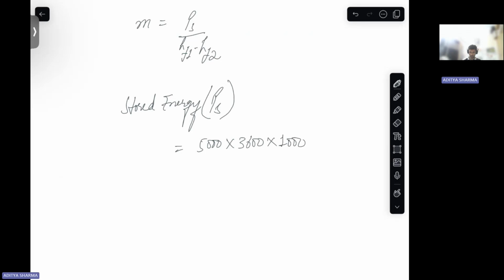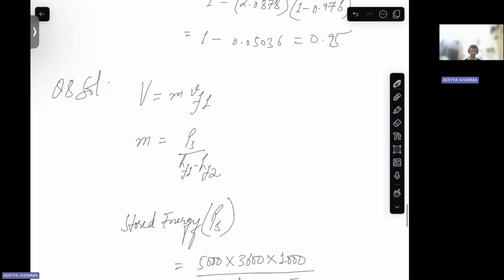Then 1000 divided by 0.27, which is peaking efficiency, then 0.95, which is thermal turnaround efficiency.